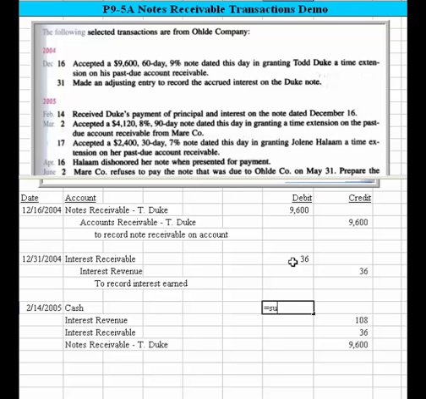So the total amount that we will collect is these three amounts. And that all balances. Now let's put it in proper form. And now let's list our note, our description of what this is for.